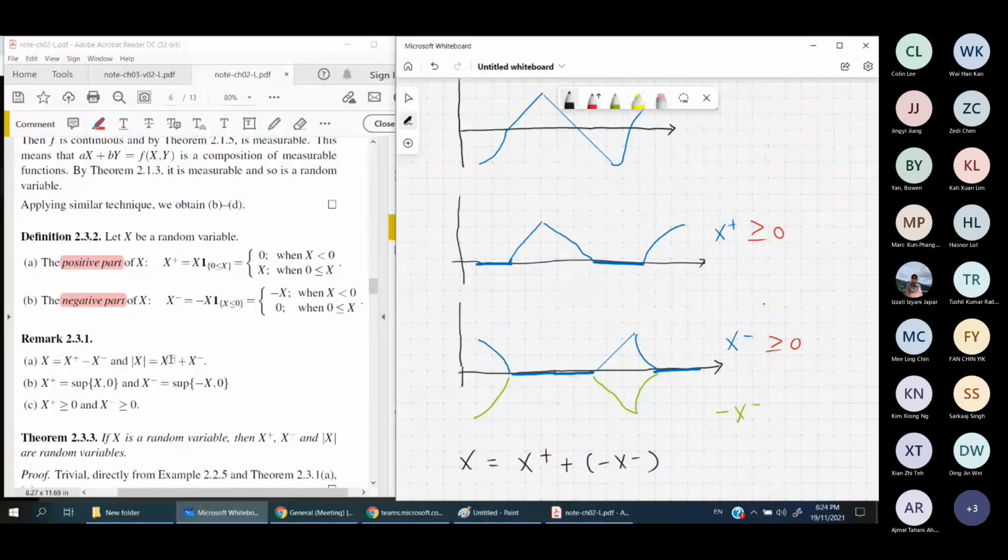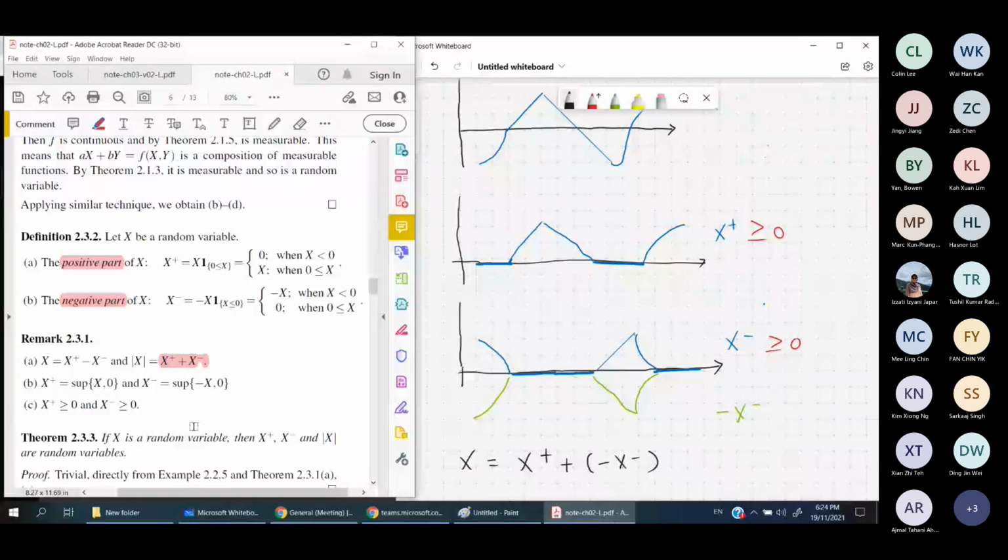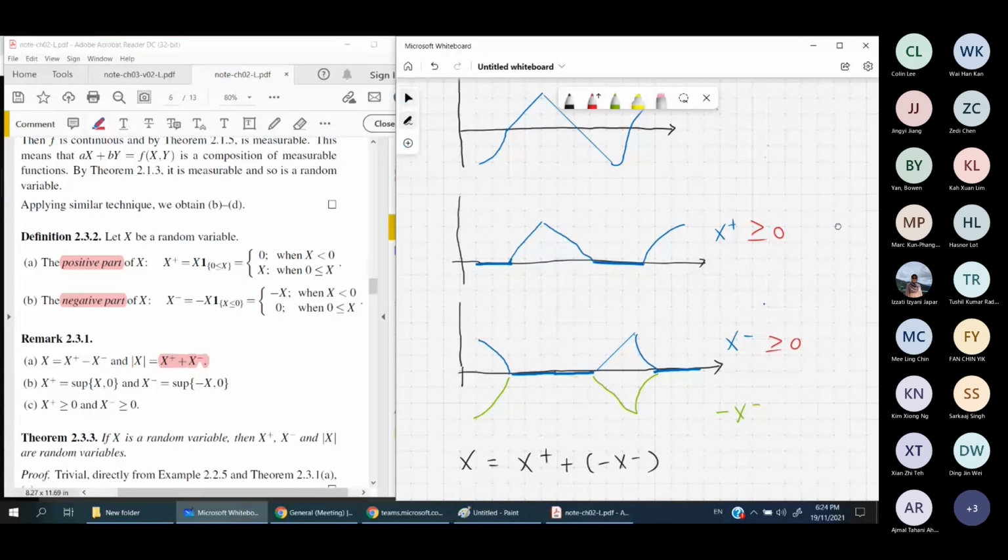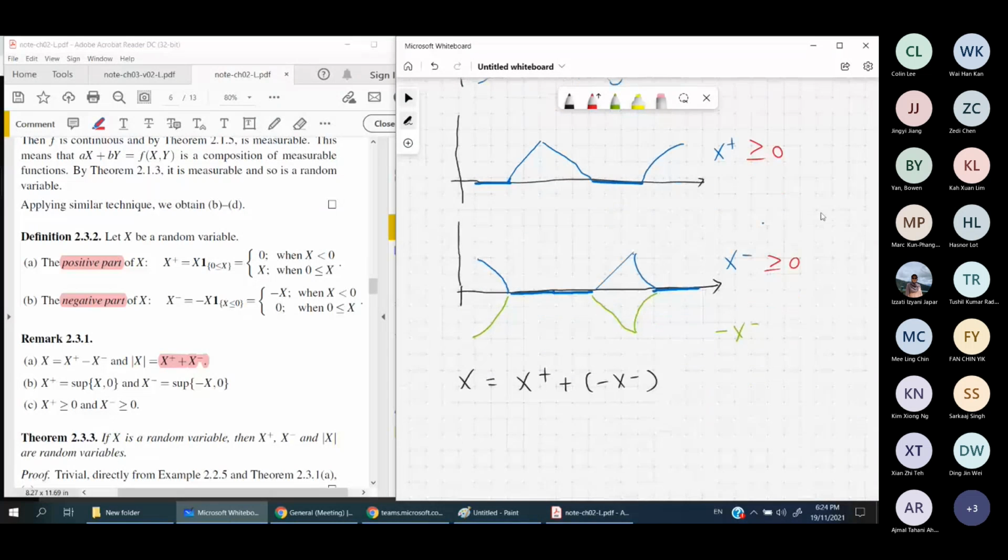Next, I believe you know the meaning of the modulus of x. The modulus of x, we just look at the magnitude. So you can see the modulus of x will be x plus plus x minus. You just need to remember this.